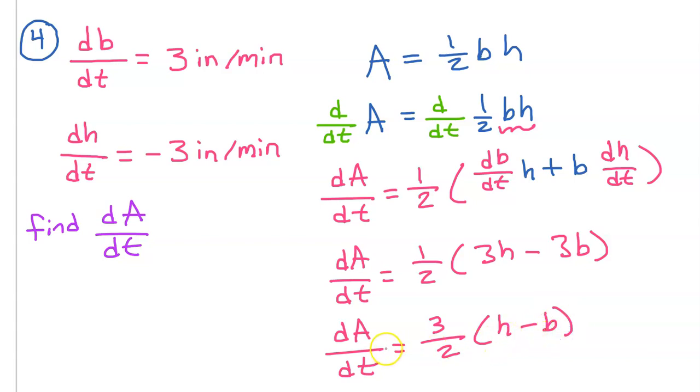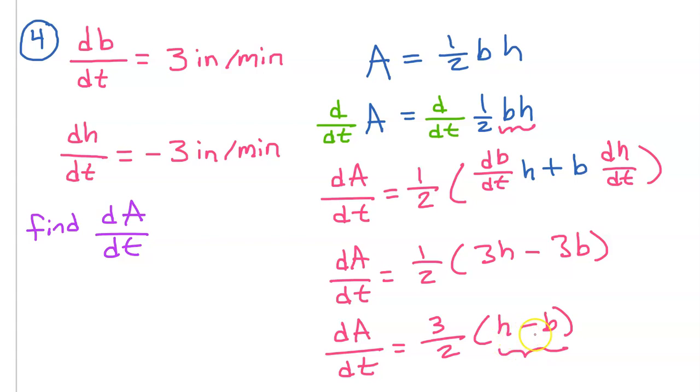So the various multiple choice options revolve around whether or not dA/dt is increasing or decreasing. dA/dt will be increasing if this is a positive number and decreasing if it's negative. So that depends on what's happening with h and b.